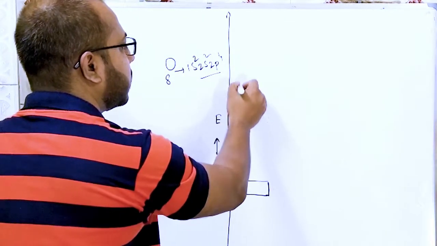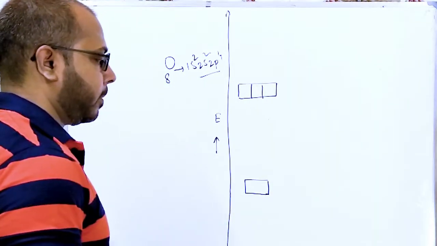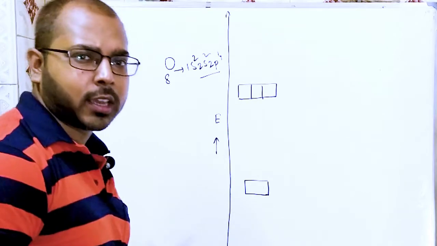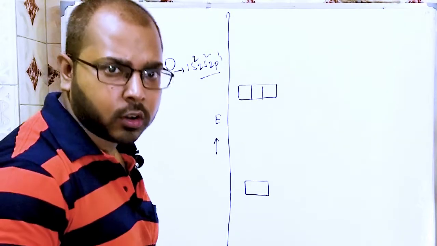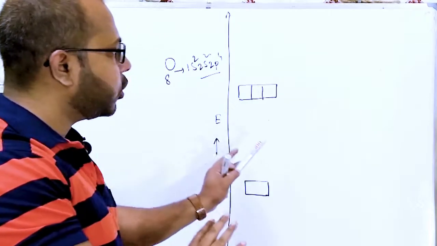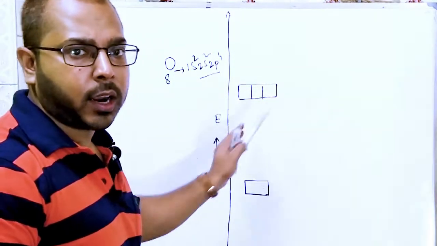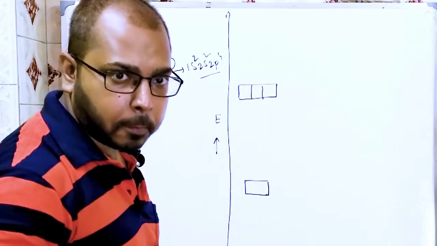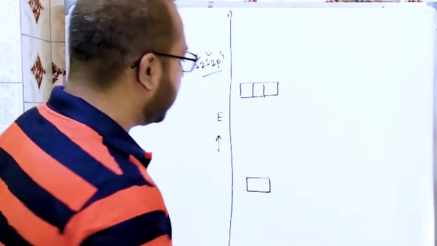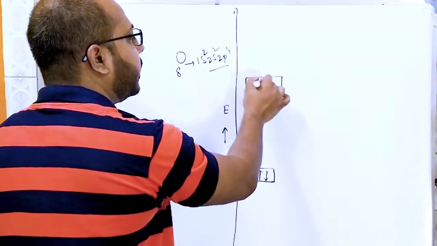So here 2s, 2p, 1s is also there. I am not going to draw it because 1s is common for all. I am just showing you the valence shell electronic part, and valence electrons are going to take part in bonding. Got my point? So 2s2, 2p4.